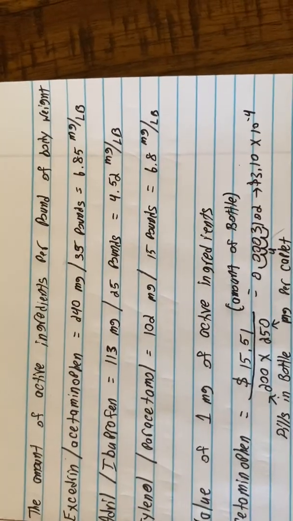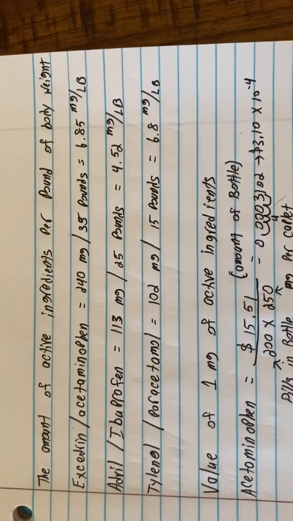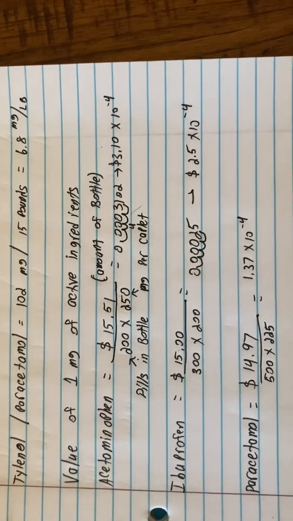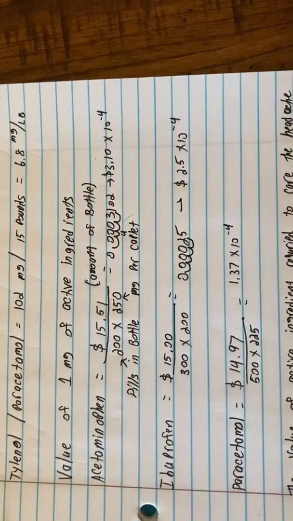Now that we know how many milligrams per pound of the ingredients, you're going to move to the next step. You're going to find the value of 1 milligram of the active ingredients.